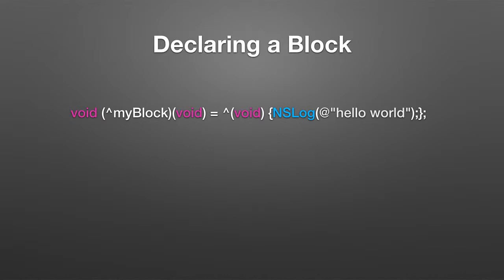It doesn't return anything. It's defined as just simply executing a log statement, hello world. So this is pretty basic. And you'll note that the log's terminated with a semicolon, but also the definition of the block is terminated with a semicolon. So we define a block on the right-hand side of the statement and a variable to that block on the left-hand side.